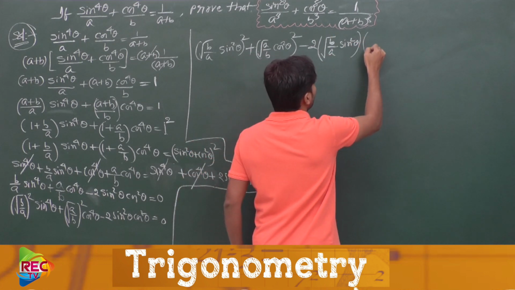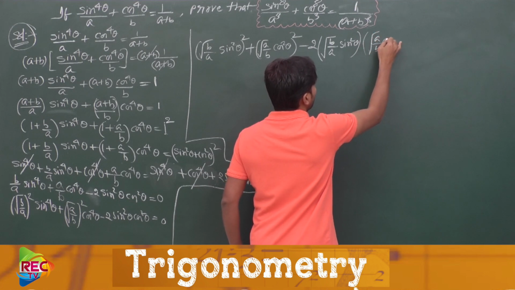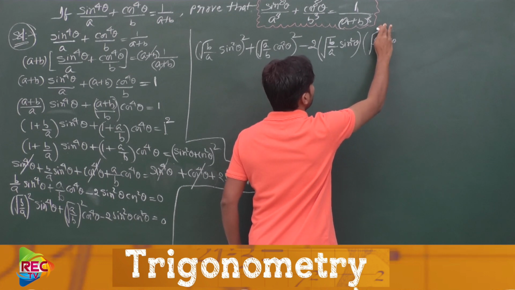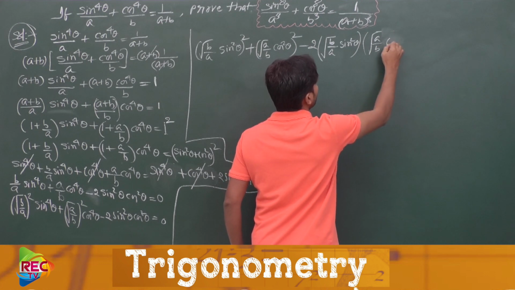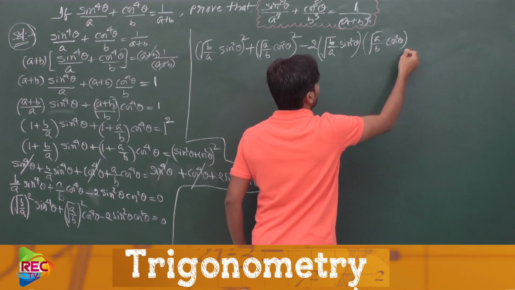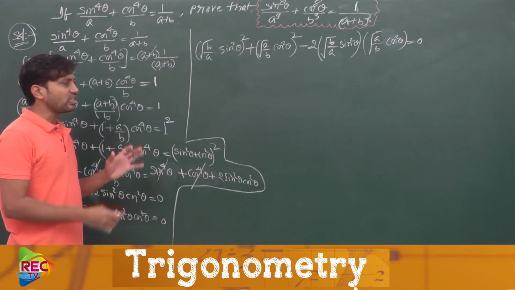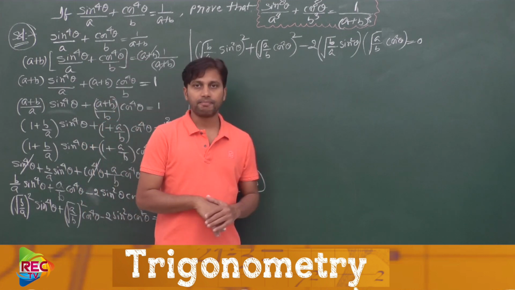Now root a by b cos square theta. Right. Sorry. Okay. Root a by b, this is cos square theta which is outside. Okay. Equal to 0. This is what we have modified the given equation into this form.